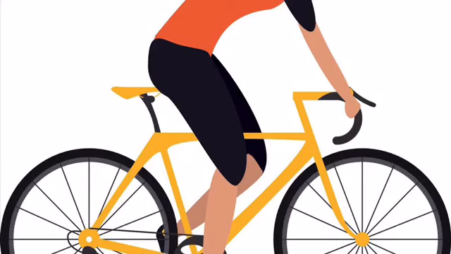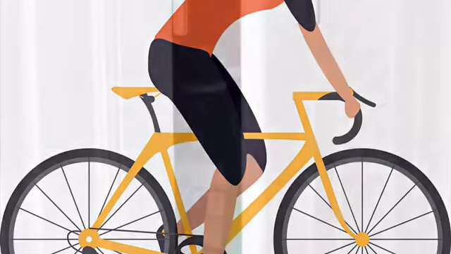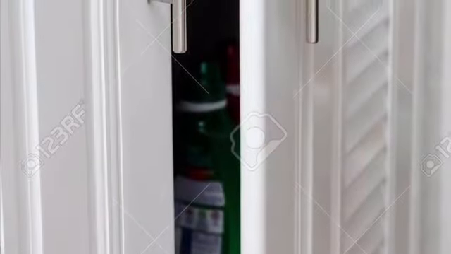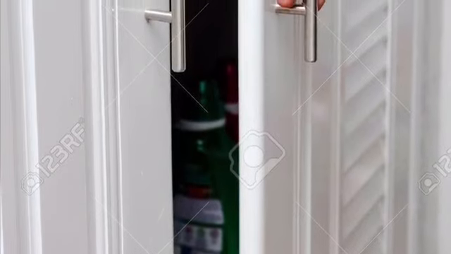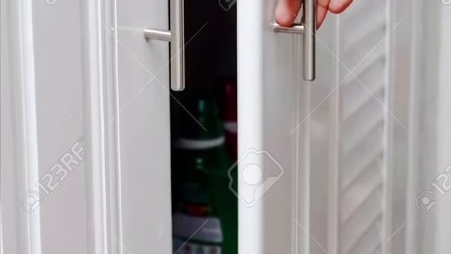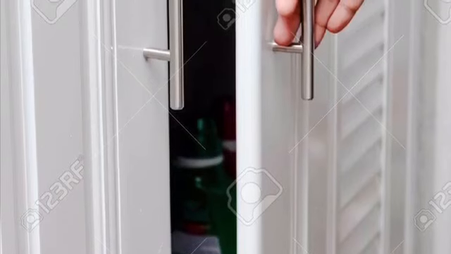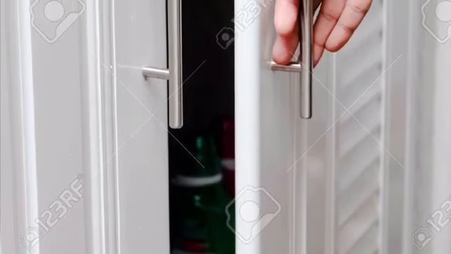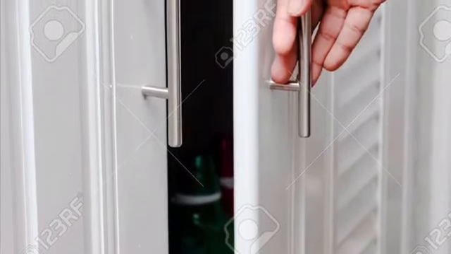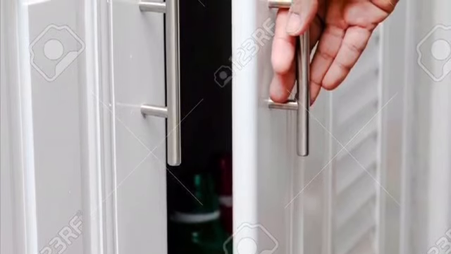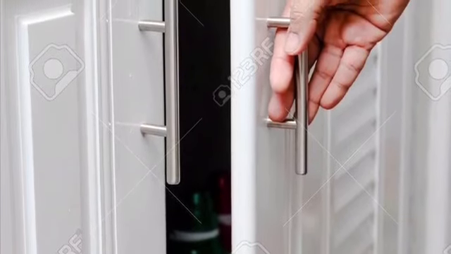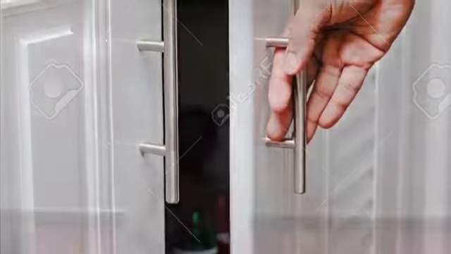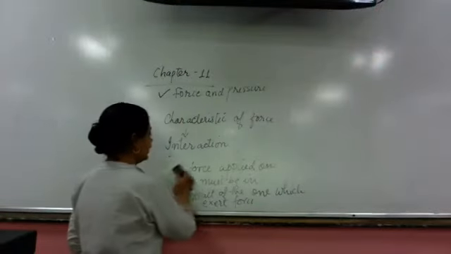You have to apply force on its pedal with your feet. In the same way, the door of your cupboard will not open unless you apply force on it to pull it with your hand. Hence, the interaction between two objects is necessary for force to be effective. These are the force characteristics.